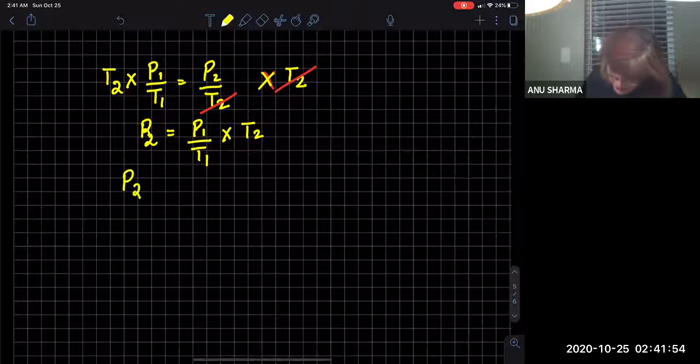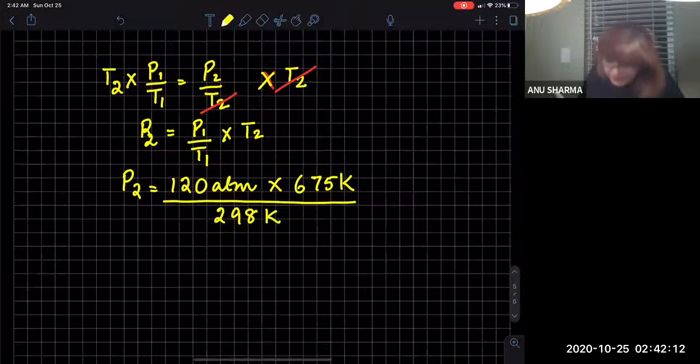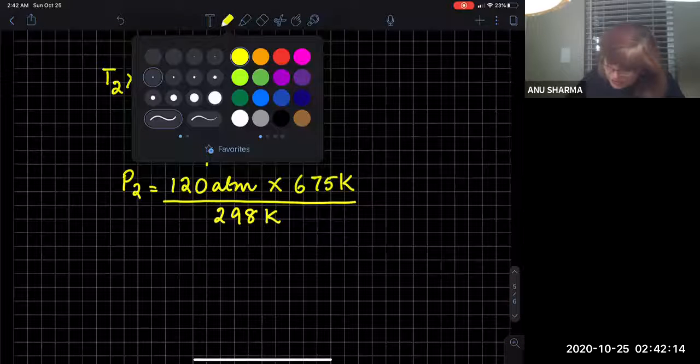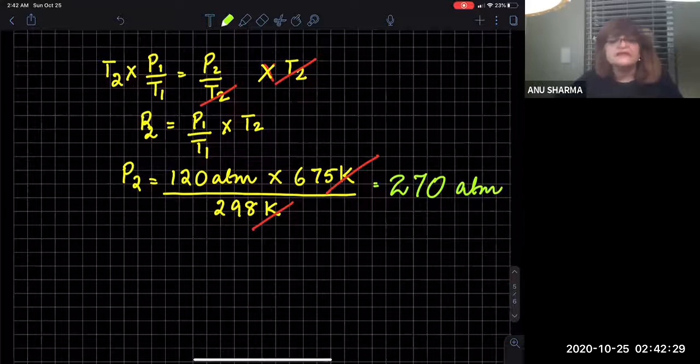P2 is equal to P1, which is 120 atmosphere, times T2, which is 675 K, divided by 298 K. This cancels out the units of Kelvin, and we are just left with the units of ATM. When you multiply this whole thing, it comes out to be 270 ATM. That is the pressure.